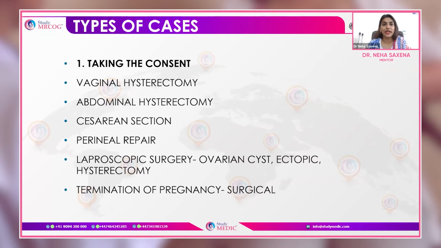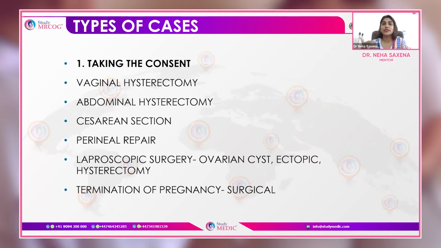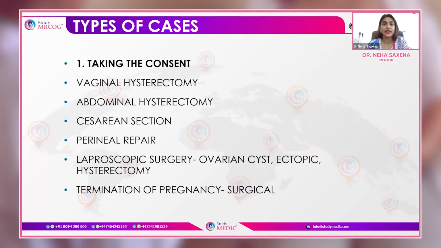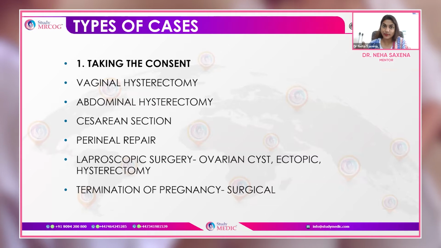I see a lot of candidates just discussing with the role player that this is the consent, these are the advantages, these are the complications, and what additional procedures are required, but they do not write in the exam. So this is a very important tip for you all: when the consent form is given to you, pick up your pencil, ask the name of the role player, and start filling in the consent form.